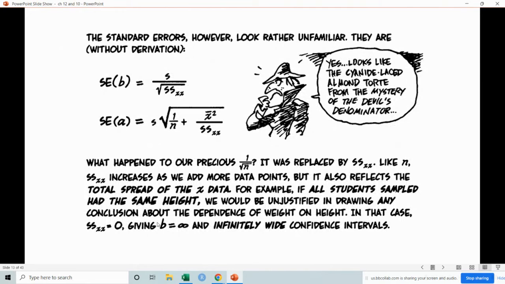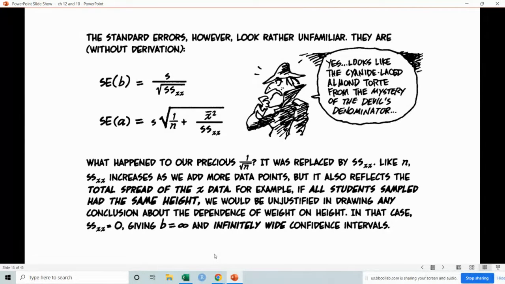All right, so the standard errors, however, look rather unfamiliar. What happened to our precious 1 divided by square root of n when we were trying to compensate for our sample size? Well, it was replaced by the sum of squares of the x's. Like n, the sum of squares of x's increases as we add more data points, but it also reflects the total spread of the x data.